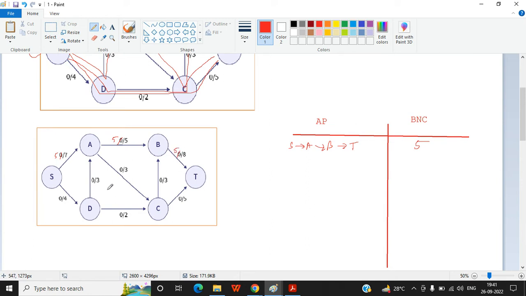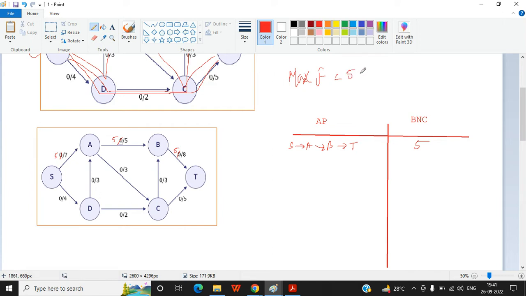So you have assigned the bottleneck capacity along the path, right? Now here I am writing the output max flow. So how much do you give along the path? 5.